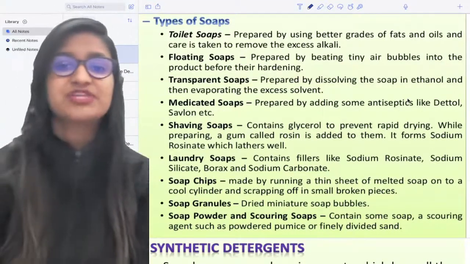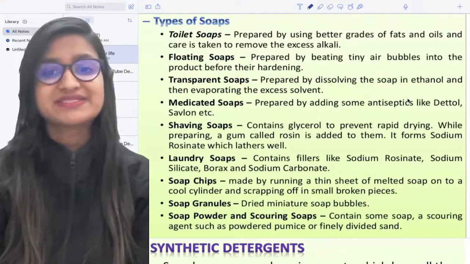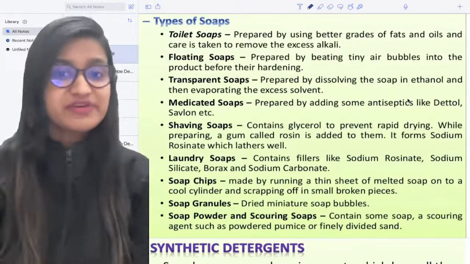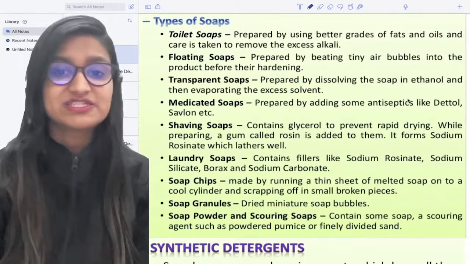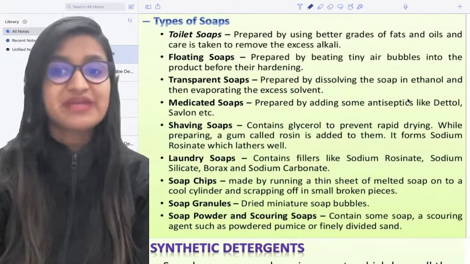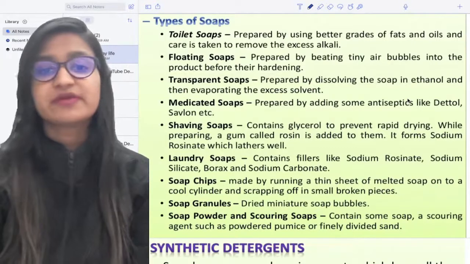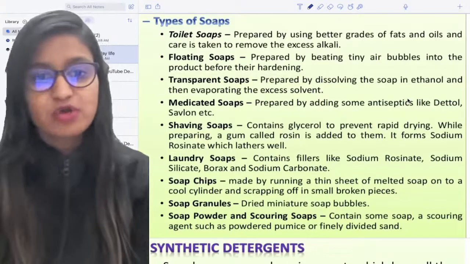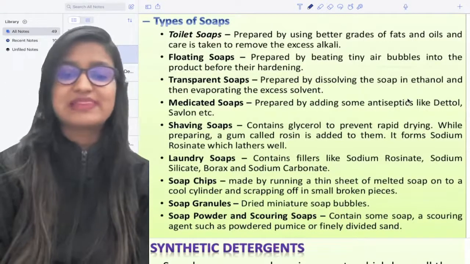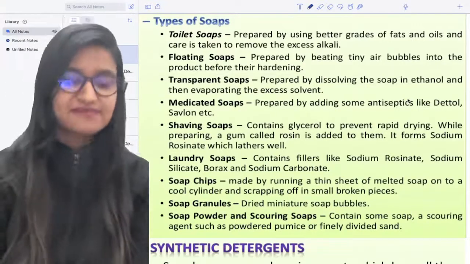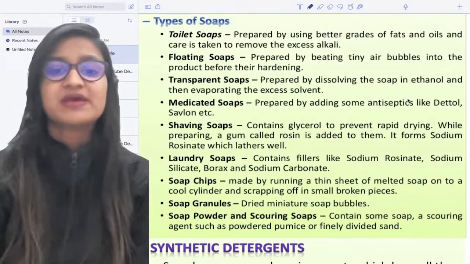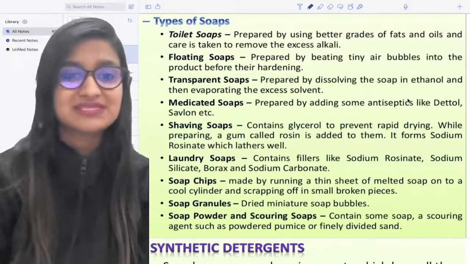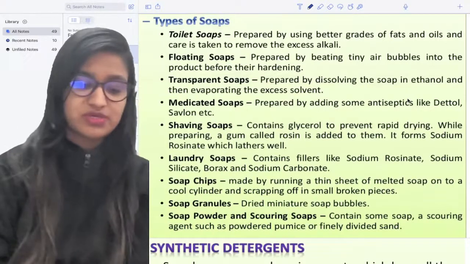Medicated soaps are prepared by adding some antiseptics like Dettol, Savlon, etc. Shaving soaps contain glycerol to prevent rapid drying. While preparing, a gum called rosin is added, which forms sodium rosinate that lathers well. Then we have laundry soaps, which contain fillers like sodium rosinate, sodium silicate, borax and sodium carbonate.